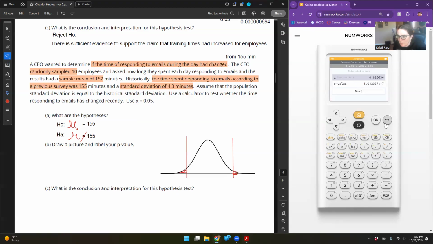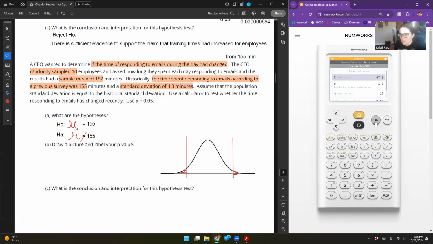So I go back to the beginning. I don't need to go all the way back to choose Z because we're still in the same section. So I come here to my null and alternative. My null is 155 and my alternative is not equal to 155. So I just hit enter or OK, and it lets me pick.